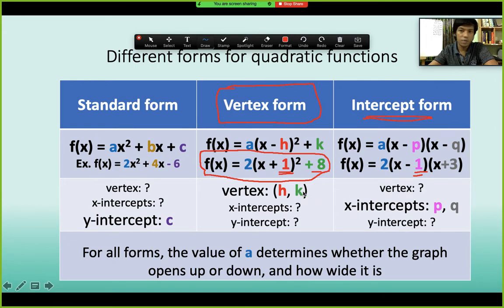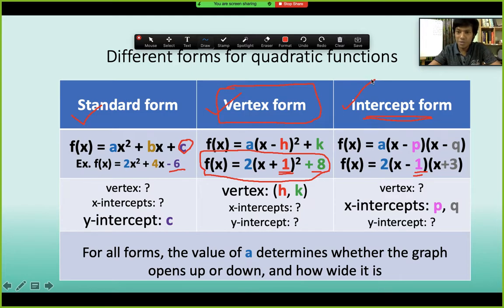In this case, the y-intercept we can easily find: whatever number is here, it is c, and it is minus 6. So in this case, the y-intercept is c. So there are three forms of quadratic function: standard form, vertex form, and intercept form.